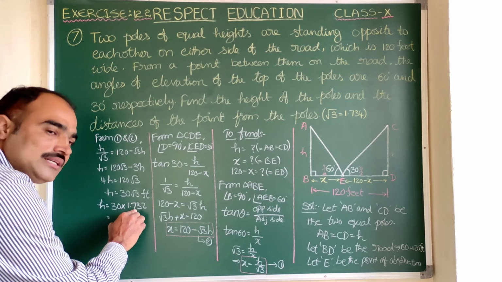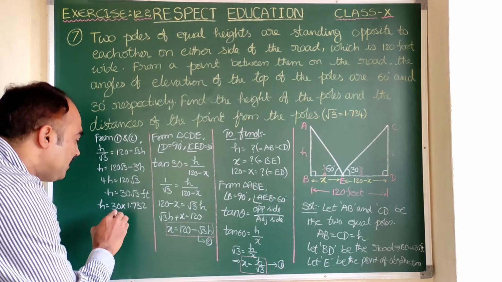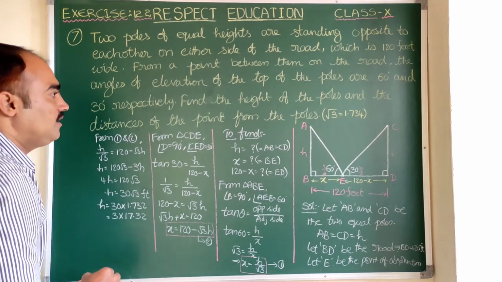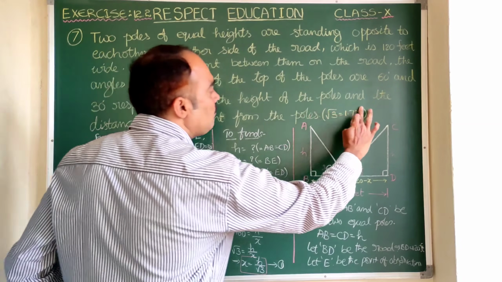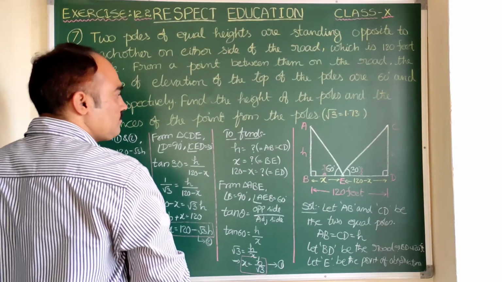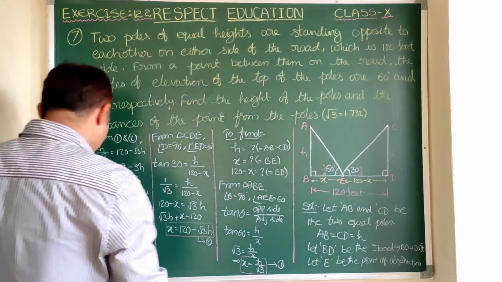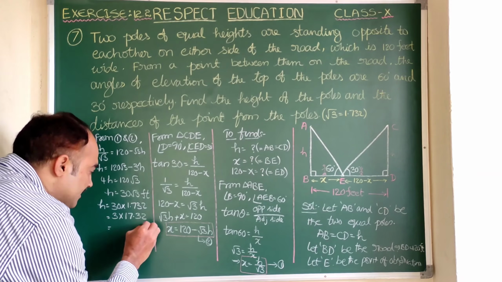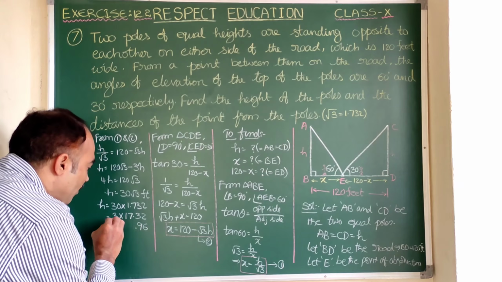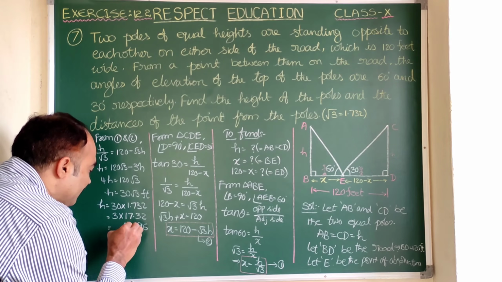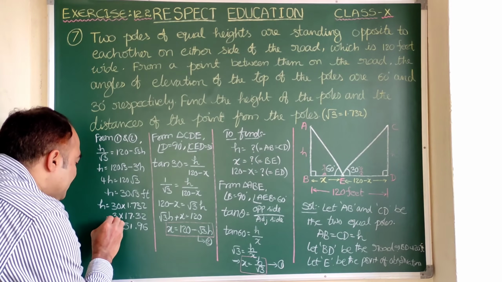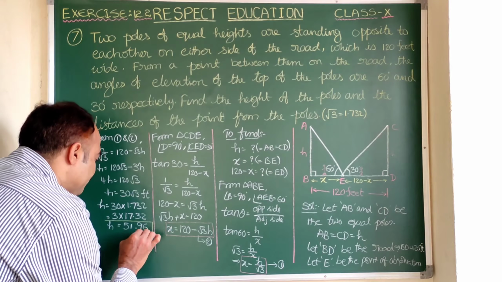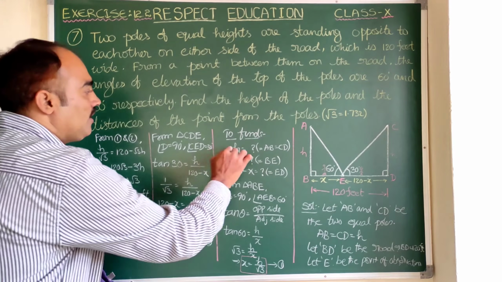So 10 into 1.732 is 17.32. Now on multiplication, 3 2s are 6, 3 3s are 9, point, and 3 17s are 51. So here we got H is equal to 51.96 feet.